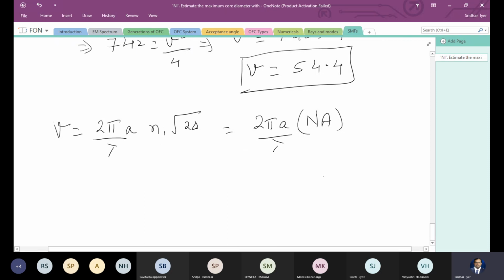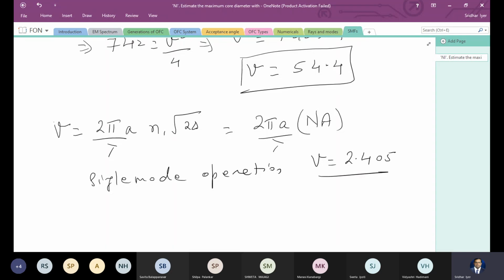So we are given this value, right? Now for single mode operation, V is 2.405, right?